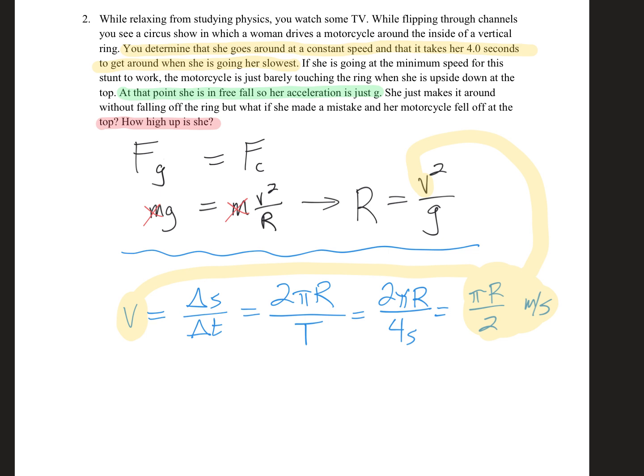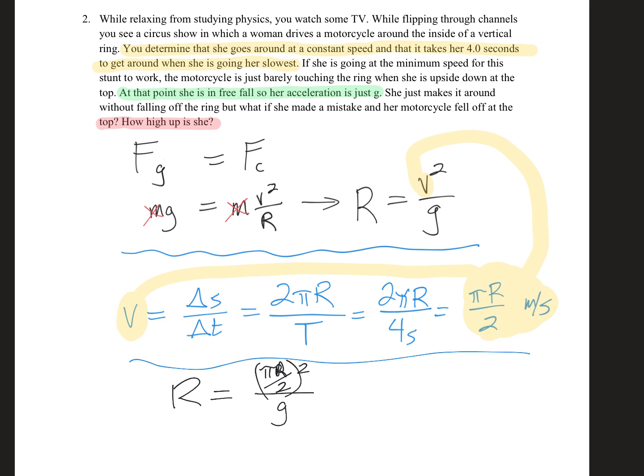So we'll come back to our computation. I'm going to switch colors. So r, but instead of v squared over g, I'm going to write pi r over 2 squared over g.